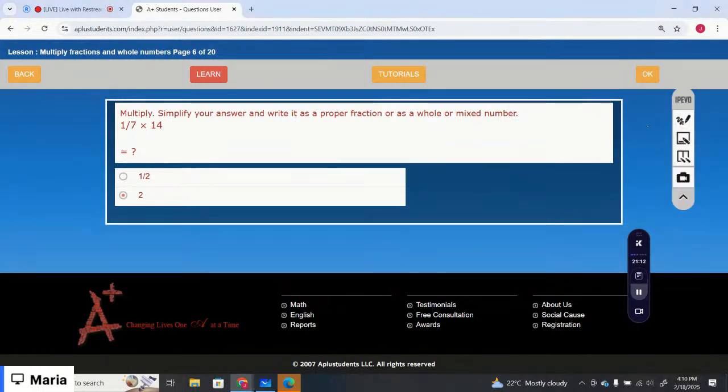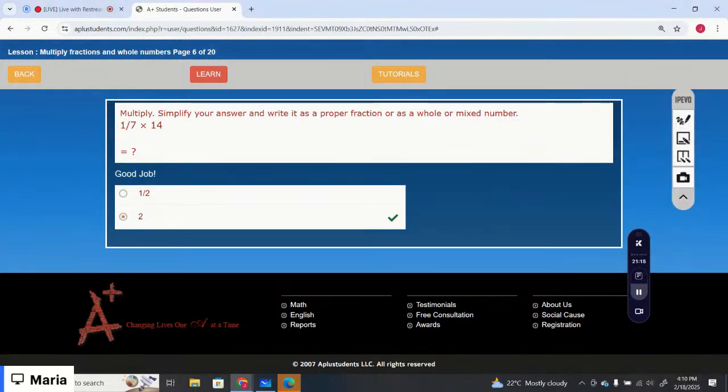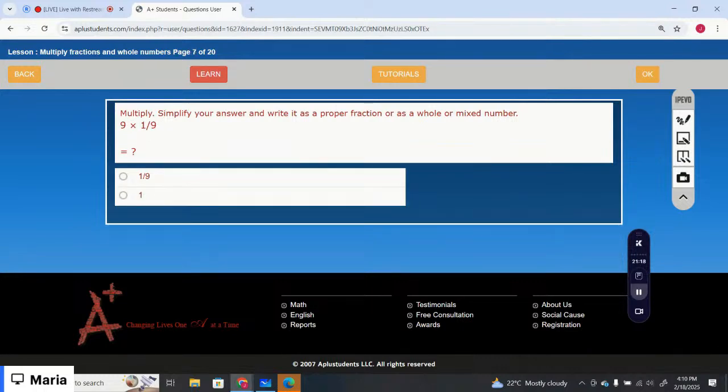Option number 2 is the correct option. 9 times 1 by 9, which is the correct option? 9 times 1 by 9 is 1. Very good. Option number 2 is the correct option.